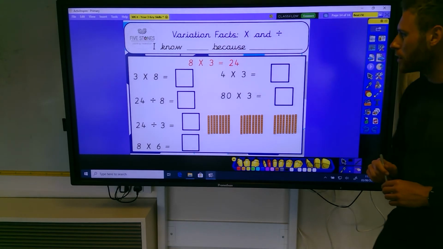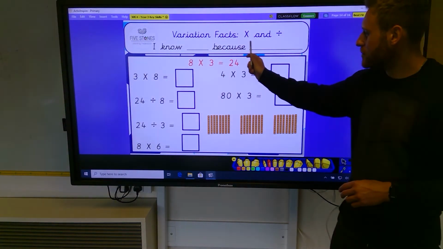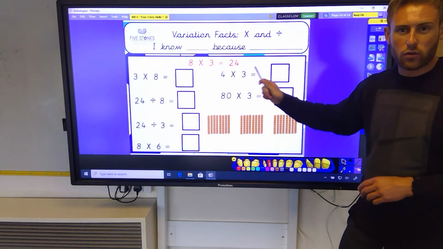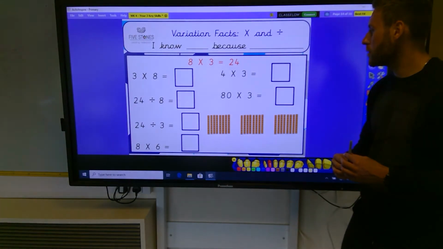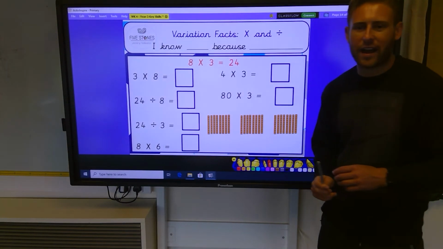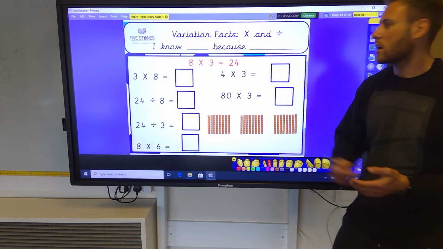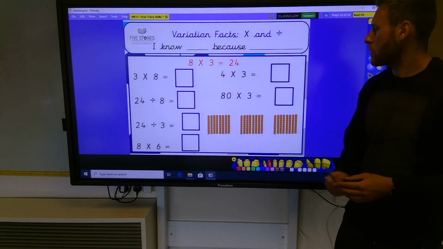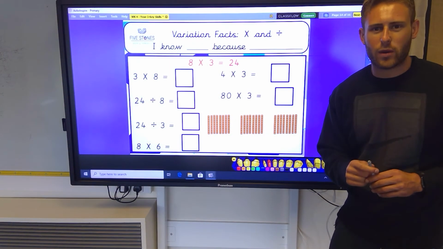But now, I would like you to use this fact, 8 times 3 equals 24. Check it before you go, just to make sure you're confident that it's true, and to use this fact to solve these other facts without having gone back to the beginning and calculating it. Look for the connections. What do we notice? What's the same? What is different? Ask yourself that question.